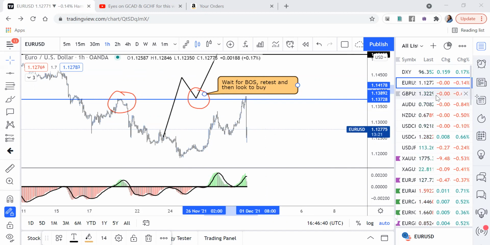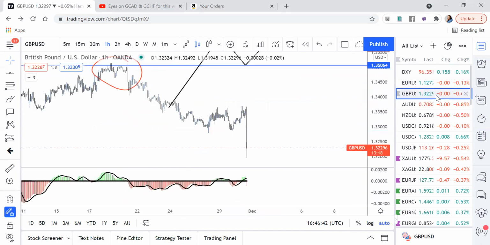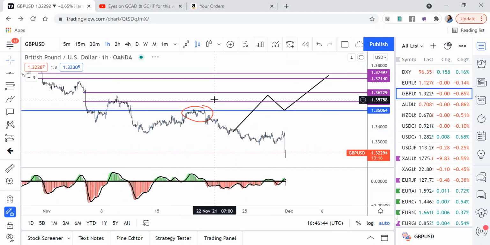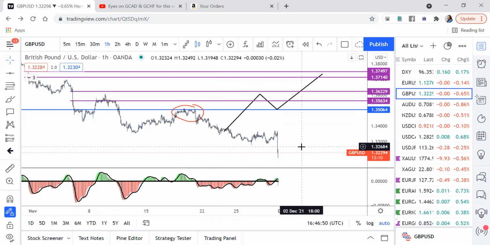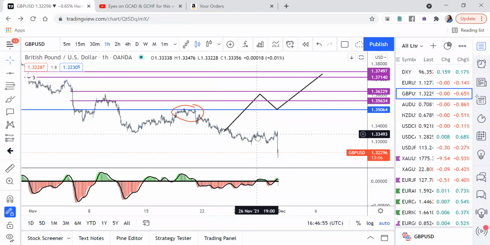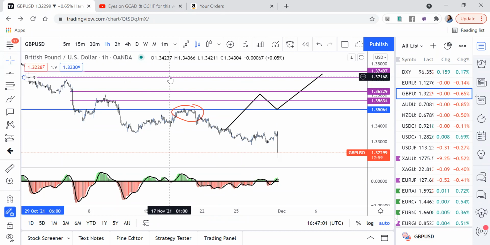Okay. All right, let's go to GBP USD. So similar thing with GU, I told you guys as well. With GU, I was definitely looking for a buy as well, but guess what? Let me remove some of these here.